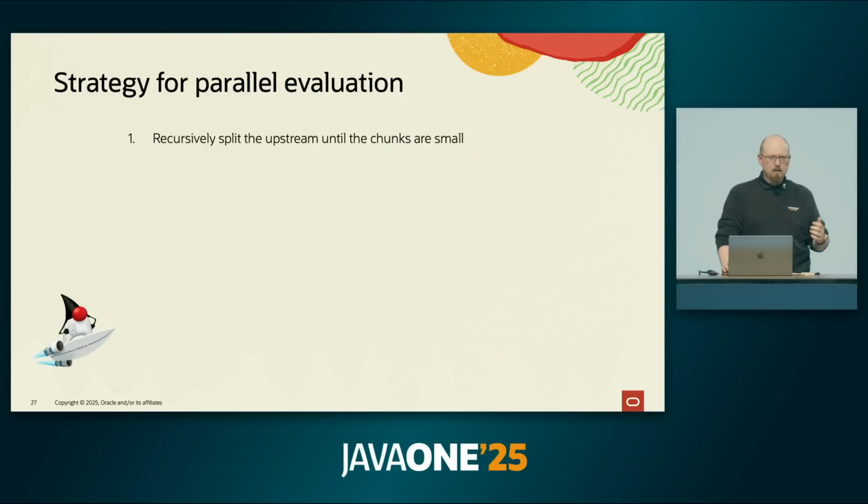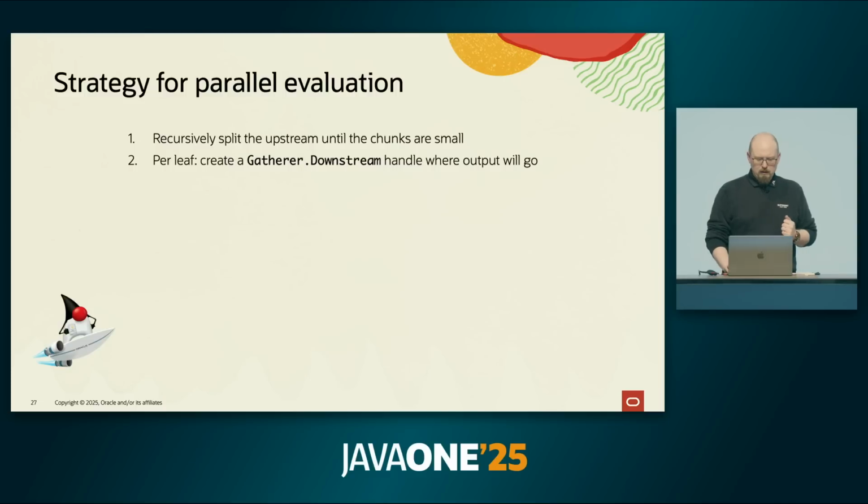Well, if we have a source of information and we want to parallelize it, we need to split that up. We need to take that source and create multiple different chunks of it that we can process in parallel. So first of all, we recursively split the upstream data, the source data, until we have small enough chunks that we think they are useful to work on. And then per each leaf of these, we create a downstream where the output should go.